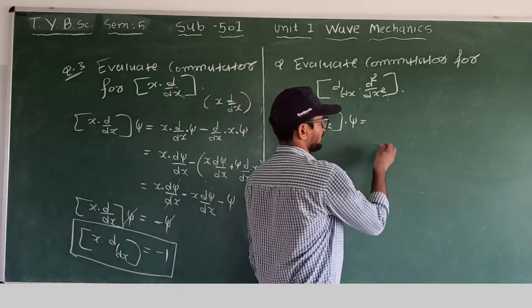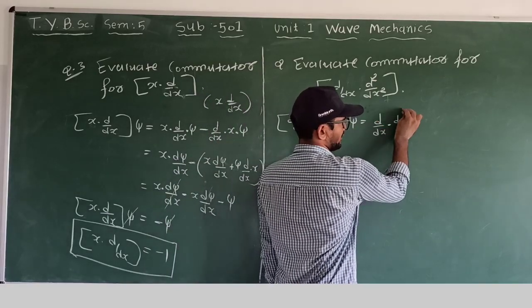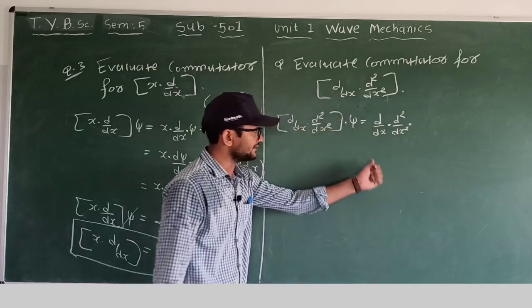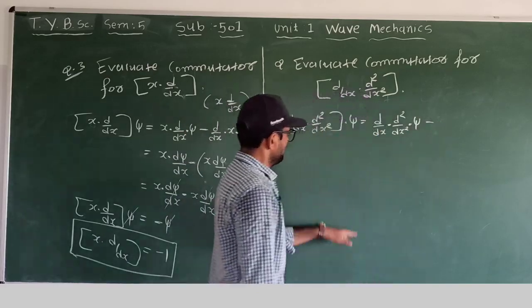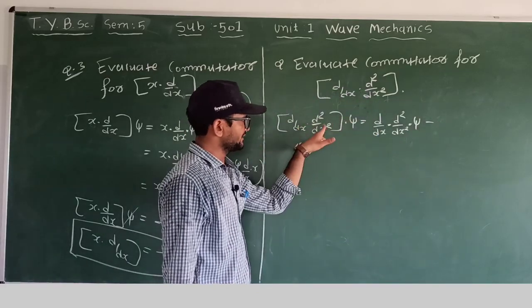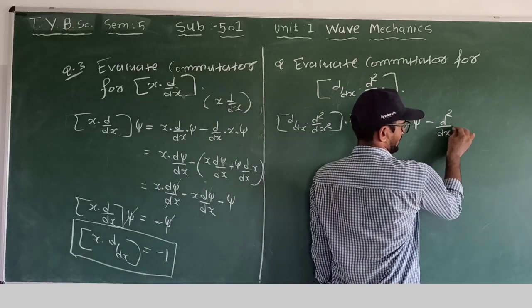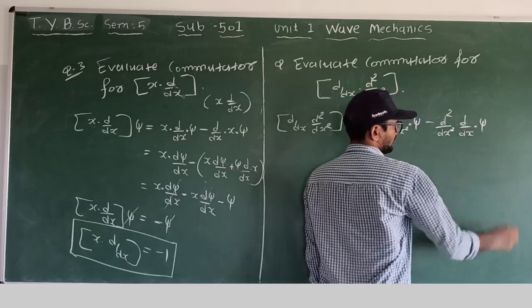It means d by dx into d square upon dx square into psi, minus B cap A cap f(x), that is d square upon dx square into d by dx into psi.